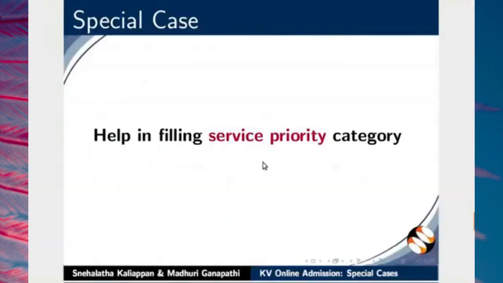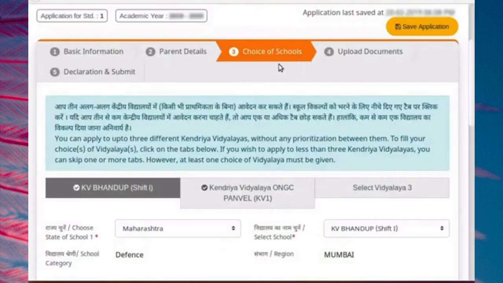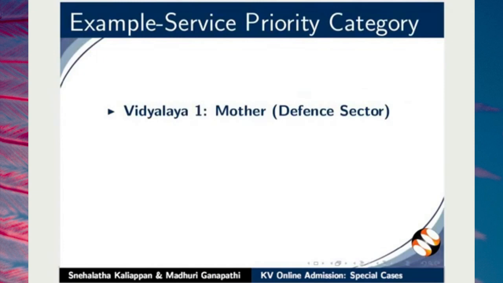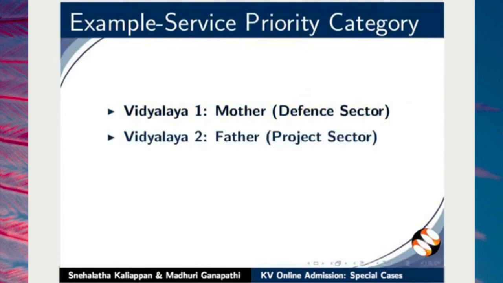Next, I will demonstrate how to use help in filling service priority category. Here I have opened Choice of School section of an online application form. For demonstration, I have taken the following examples to fill the Choice of Schools section for a child. Vidyalaya 1. We have chosen service priority of mother who is an employee of defense sector.